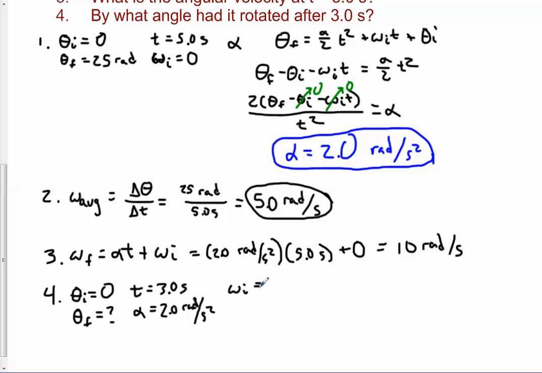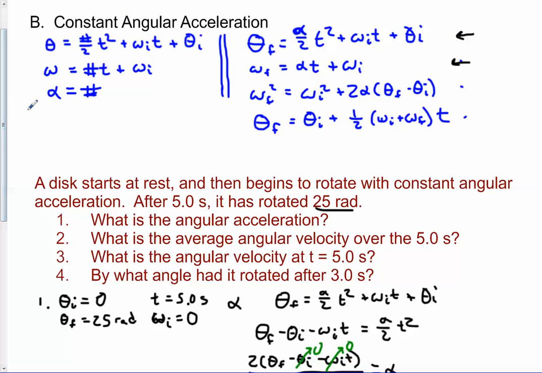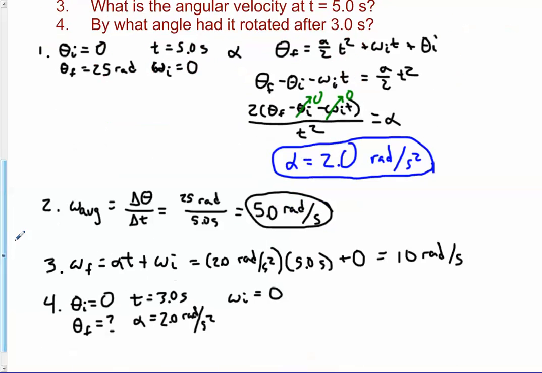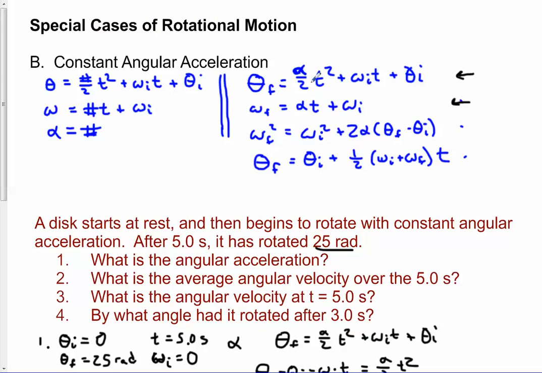And we have initial velocity of 0. And so which equation gives us that? Is that the first one again? Yeah, I think so. We have all that.